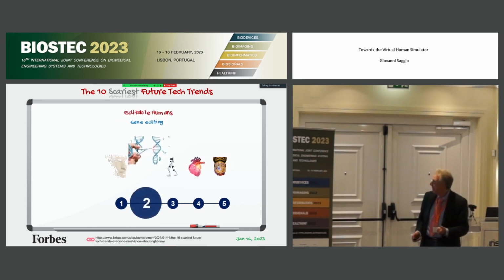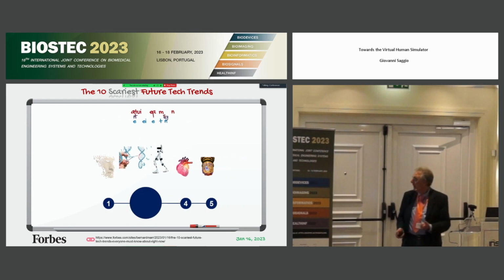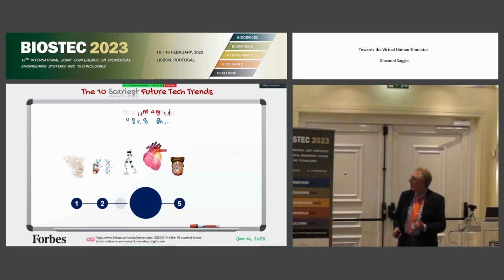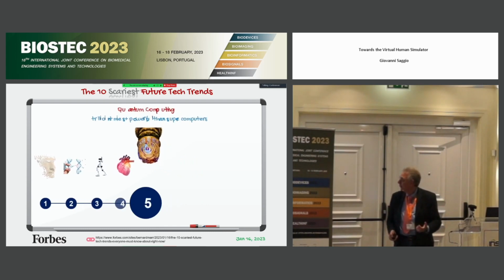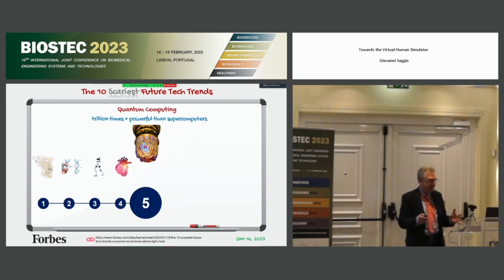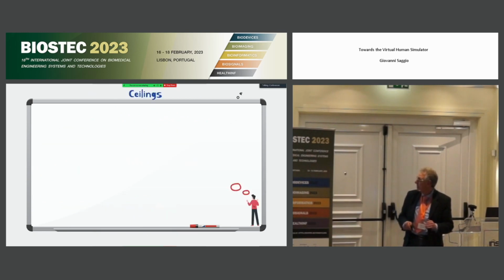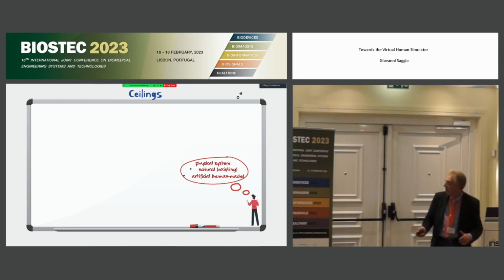Then it is the editable humans. Then human-machine merging, 3D printing ability, or quantum computing. All these are inside the concept of the virtual human simulator. There are others, but they are not exactly inside. So the ceilings are really many.